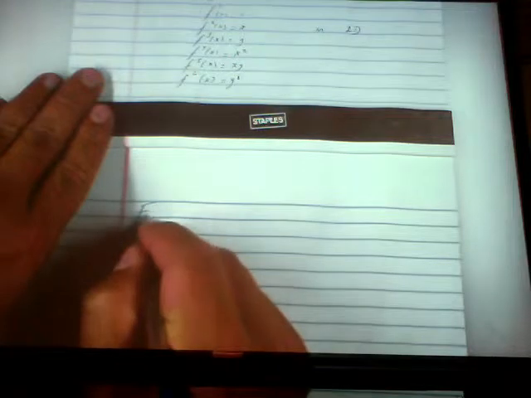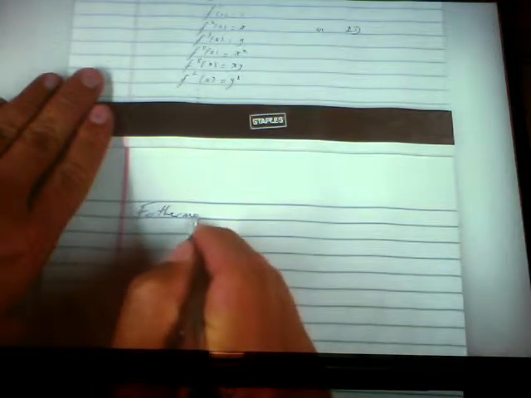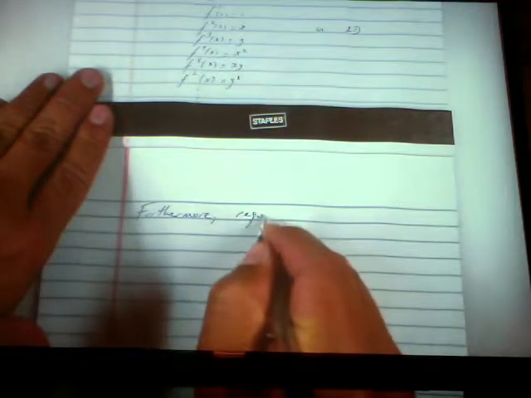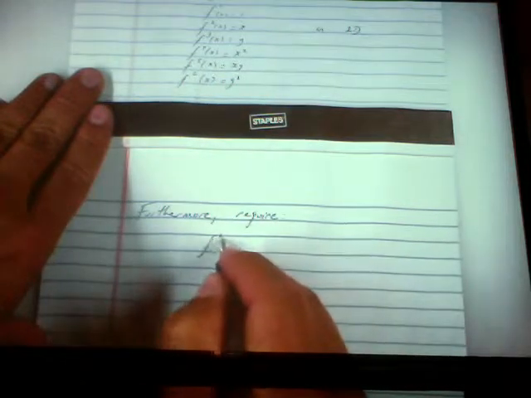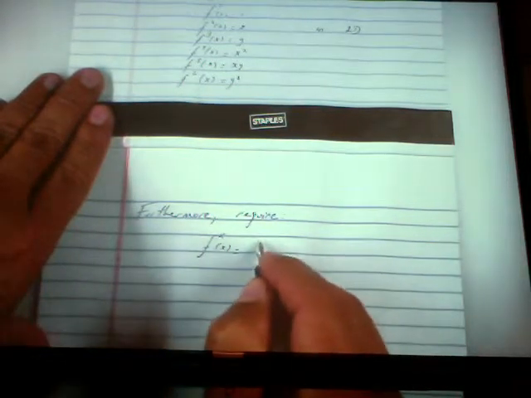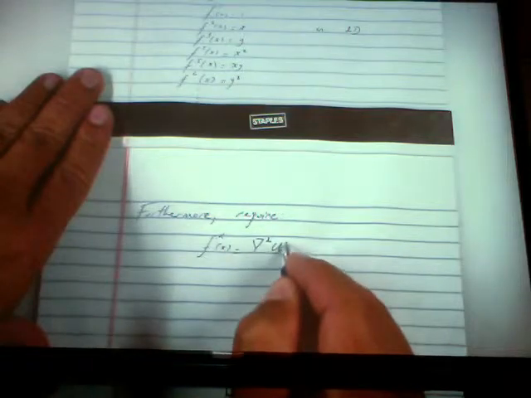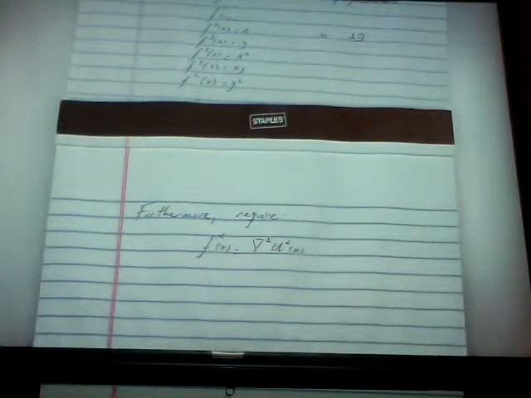Now, furthermore, we require that the functions fk of x be equal to the Laplace of some functions uk of x. Okay, can we do that? Arbitrarily? For any function?